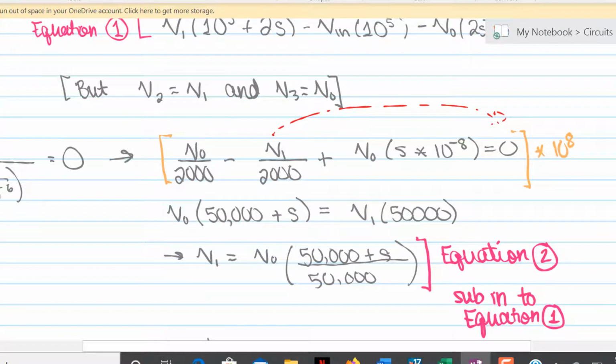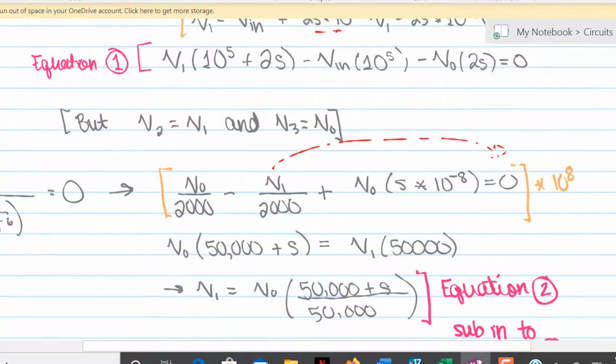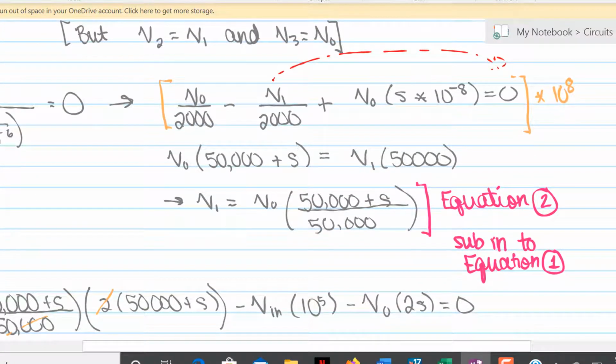We don't want the V1 in there. So in my equation 1, where I had a V1, I want to replace it with something in terms of V naught, and then equation 1 will only have Vout and Vin in it. I just divided both sides by what V1 was being multiplied by.